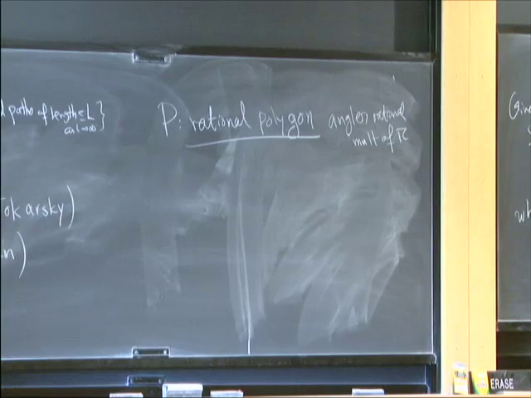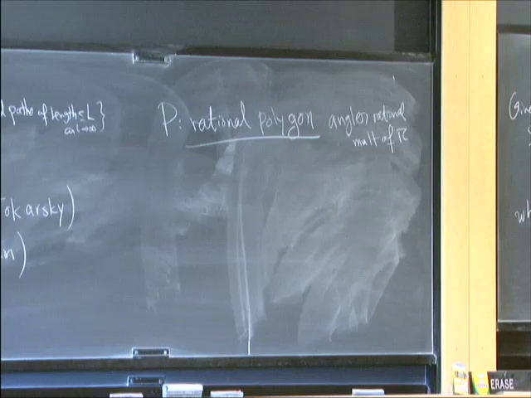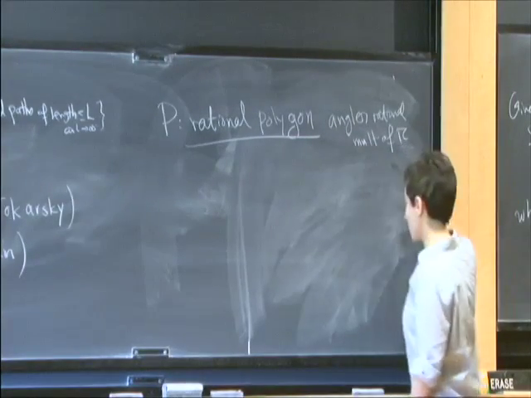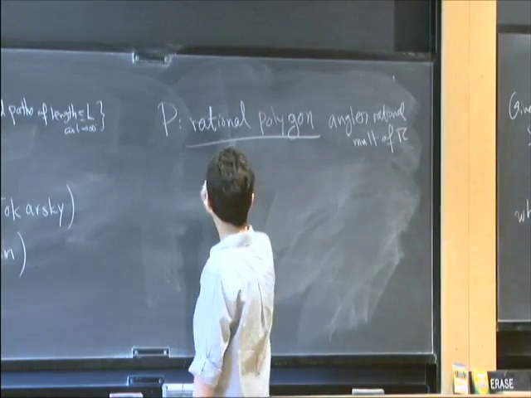So I just want to explain why rational polygons are easier to deal with, and also why they are interesting. Even though it's a special case, why rational polygons?